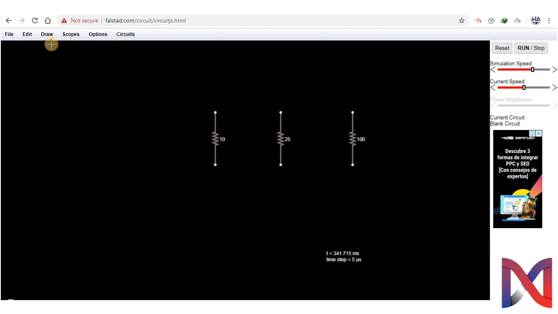We will connect our circuit through wire. We will add wires like this so that we can connect our ammeter later on for the simulations. This is how we connect our circuit. Remember that you don't have to miss any point, otherwise you will not be able to get accurate readings.